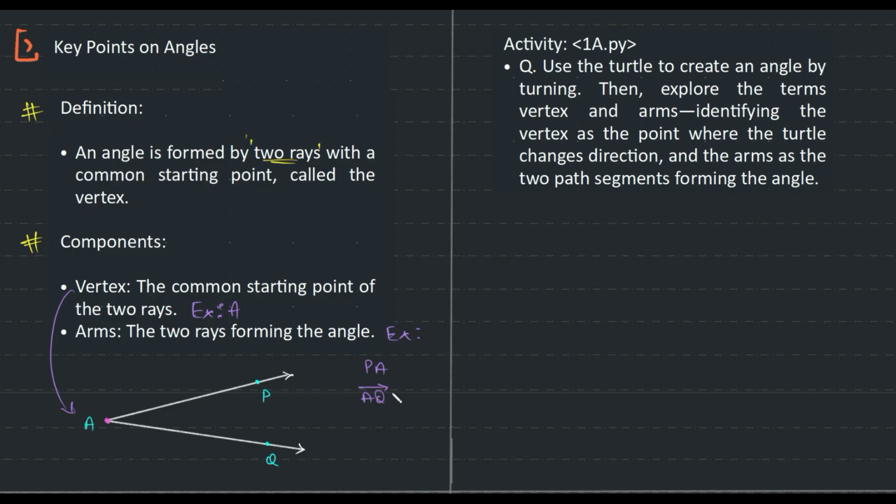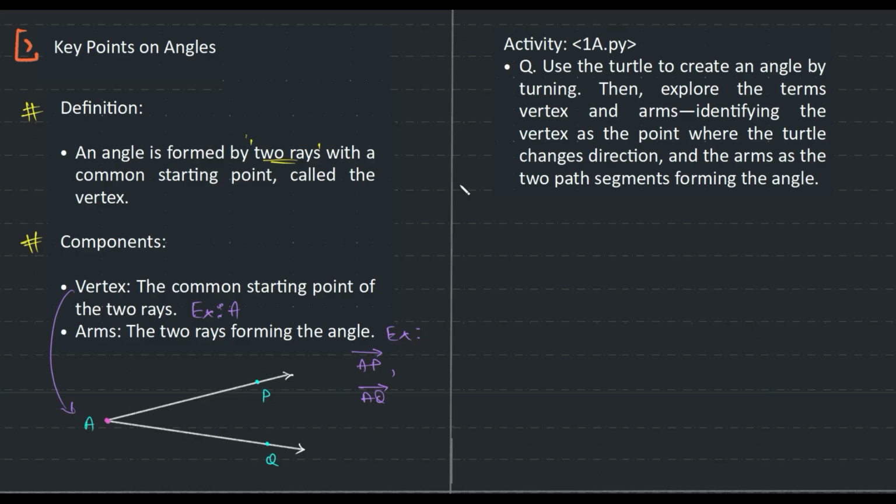Is this correct? No, it is AP. We always have to start with the starting point, the vertex, and move on to the other point. That is how you name a ray basically.